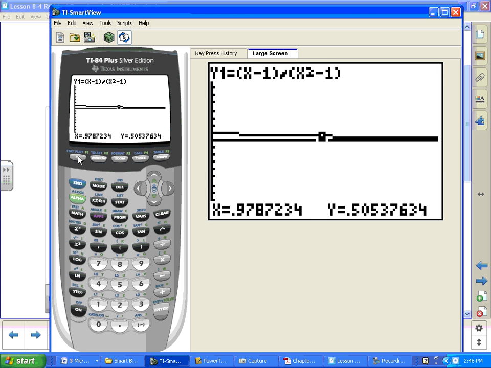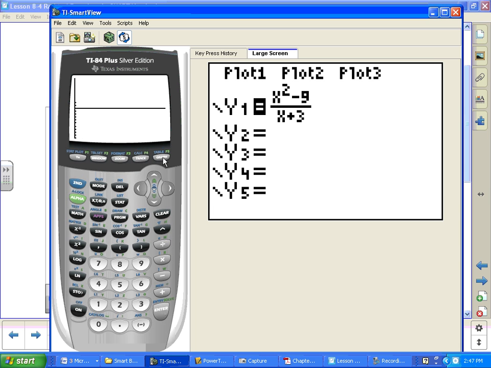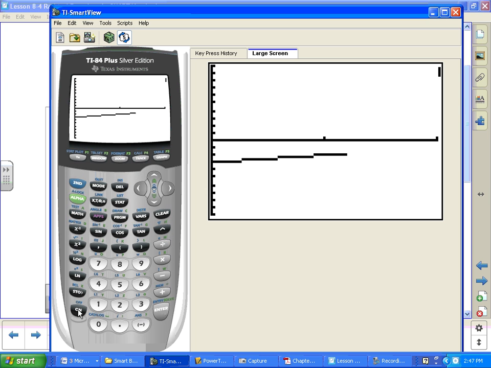And so if I graph that function, x squared minus 9 in the numerator, x, what was it, minus 3 in the denominator. Oh yeah, yep.